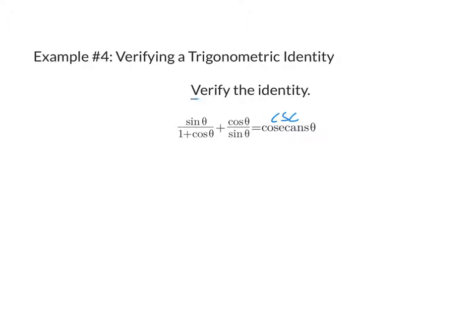So remember, when you verify, you're simplifying one side only. We're going to simplify the left side to prove that the right side is cosecant theta. So all the work that I'm going to do is on the left-hand side.